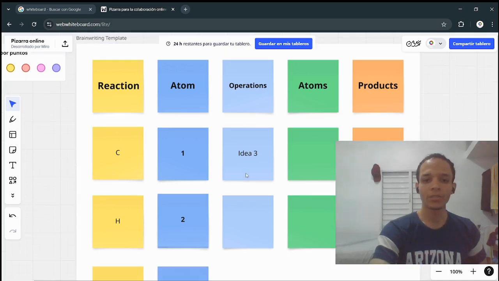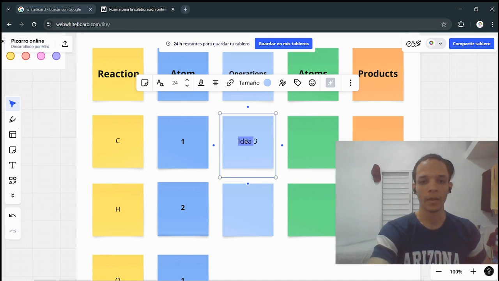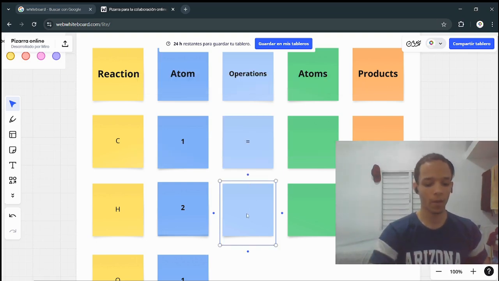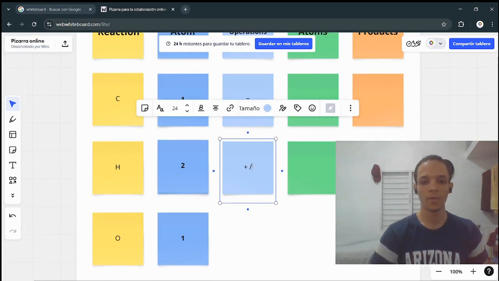And the operations can always be, for example, the equal sign, which is the main one. It can be a plus sign, or minus, or also division.